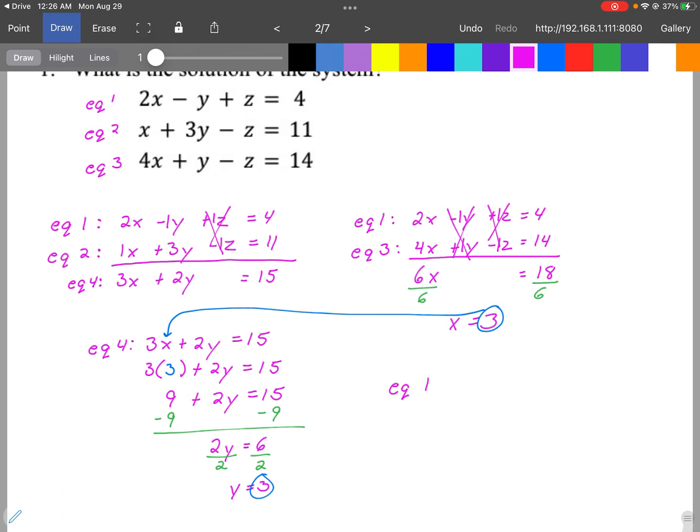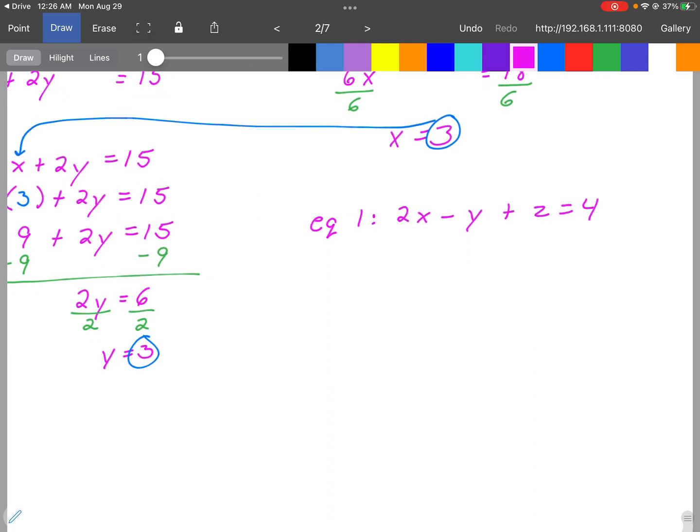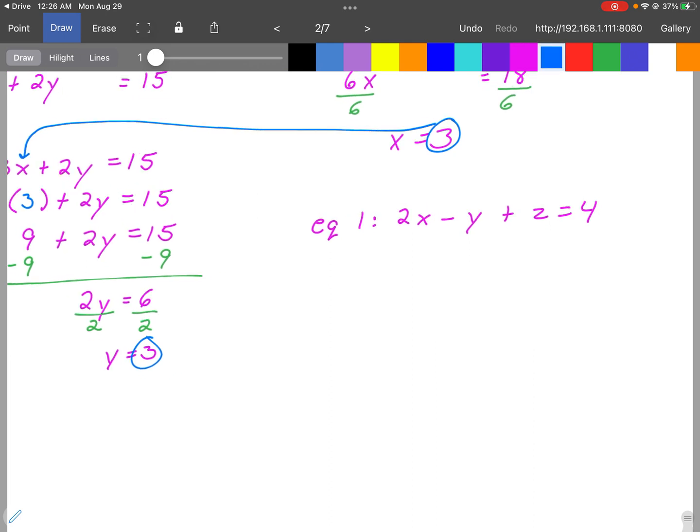So I'm going to rewrite equation 1, and that is 2x minus y plus z equals 4.